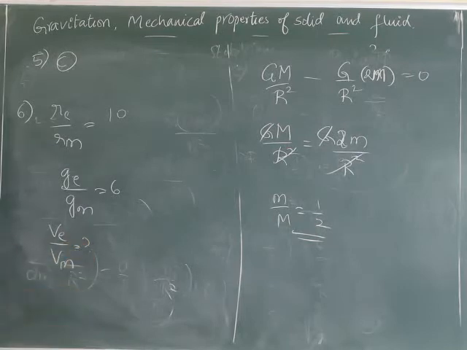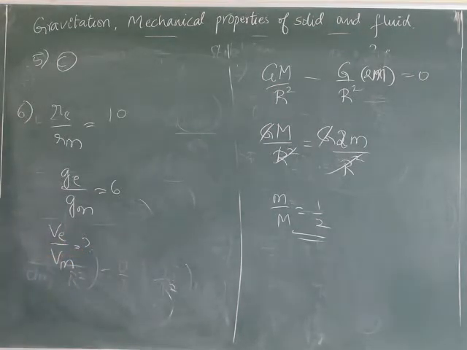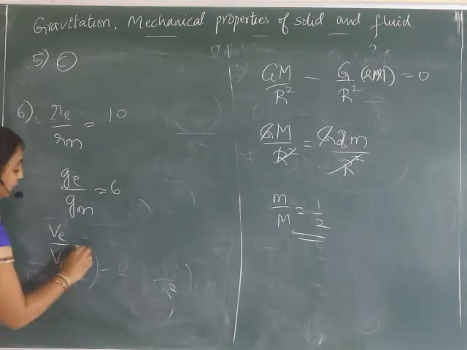You have to calculate. Escape velocity for the earth is square root of 2GM by R. For the moon, square root of 2gR.